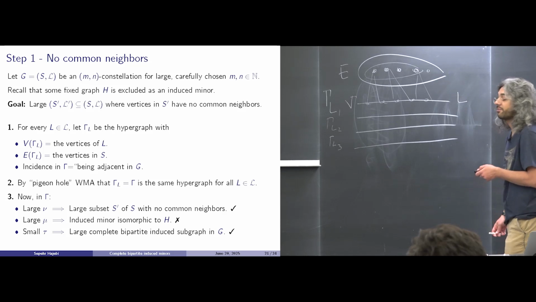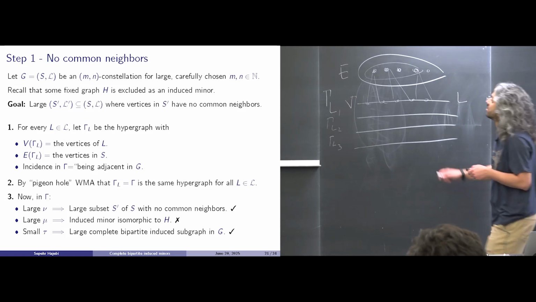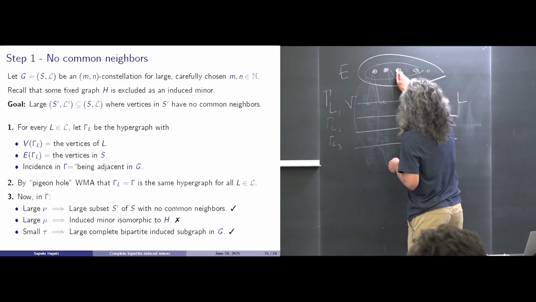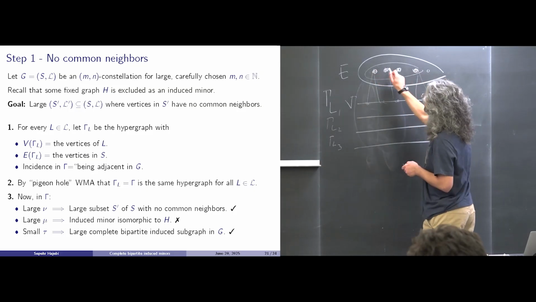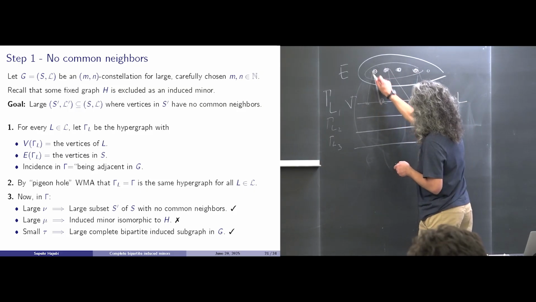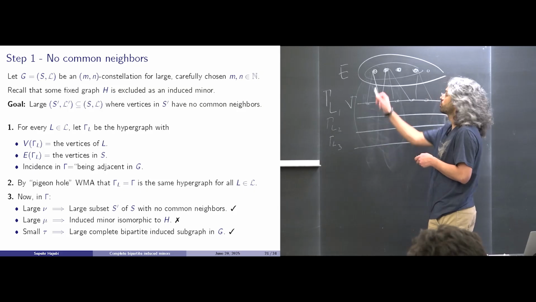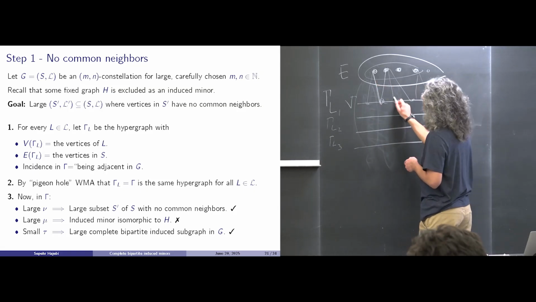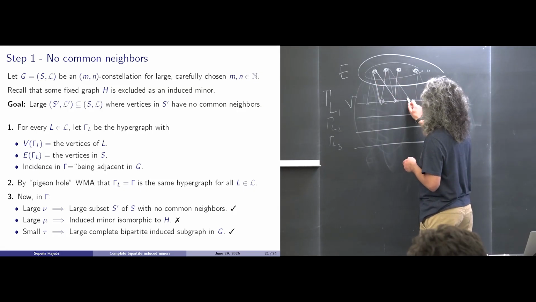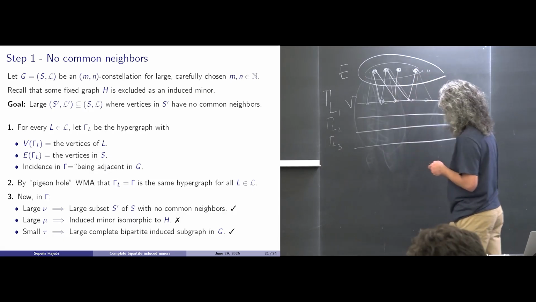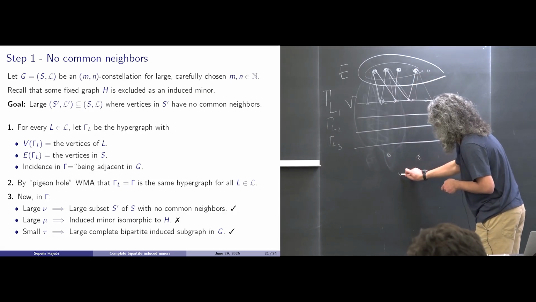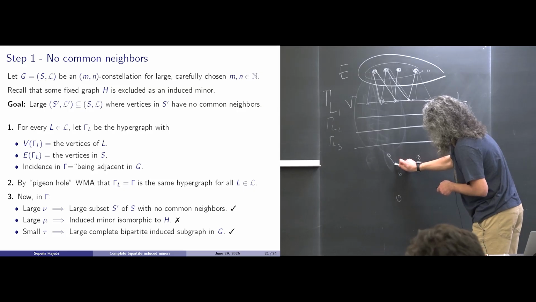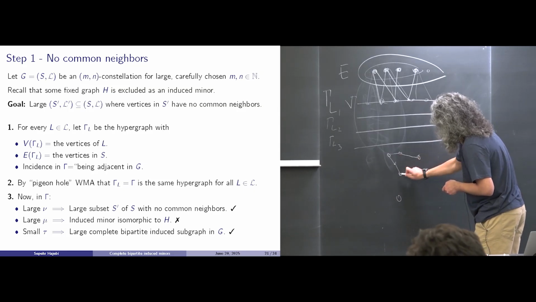What if that parameter lambda is big? It means there are very many hyperedges in here, such that for every two of them, there is some vertex that is incident with those two and with nobody else. So what does that mean? That means you have this big complete graph that is exactly once subdivided.